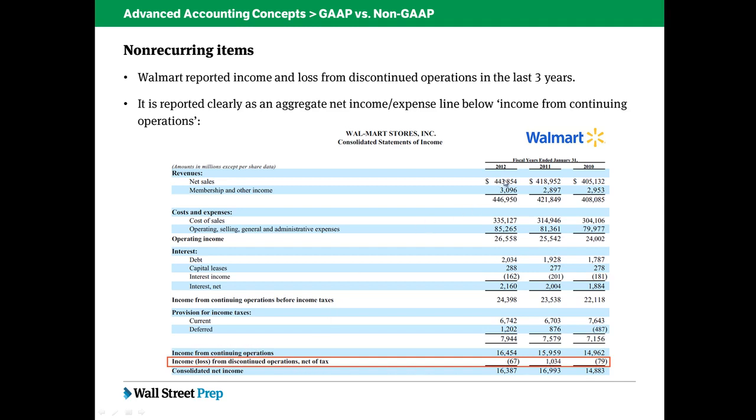So we have Walmart's revenue, cost of goods sold, interest expense, taxes, all the way down to continuing operations. Notice this line item, income or loss from discontinued operations, represents a net aggregation of revenues, net of expenses, for entities that are no longer lumped into revenues and expenses here.